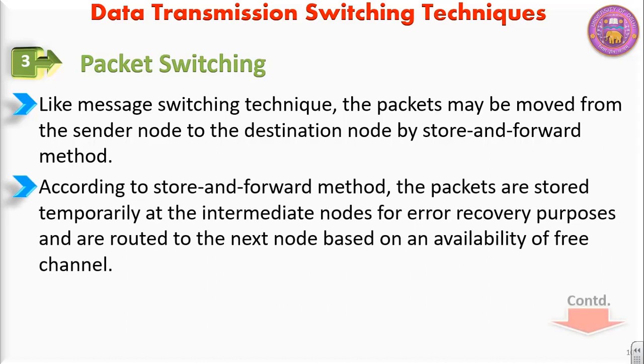According to store and forward method, the packets are stored temporarily at the intermediate nodes for error recovery purposes and are routed to the next node based on the availability of a free channel. The moment a free path is available, till that time these packets are stored by the intermediary nodes.